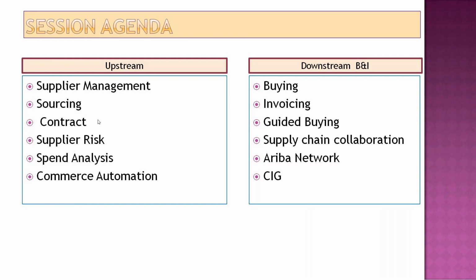Let me tell you one thing first. Whenever we go for any integration with S4 HANA or ERP or Ariba, earlier we used to integrate it with PI/PO or any third-party integration tool. But now SAP has strictly mentioned, and has made it clear to all the clients, that whoever is working in S4 HANA or ECC has to integrate their system with Ariba by default through CIG only.